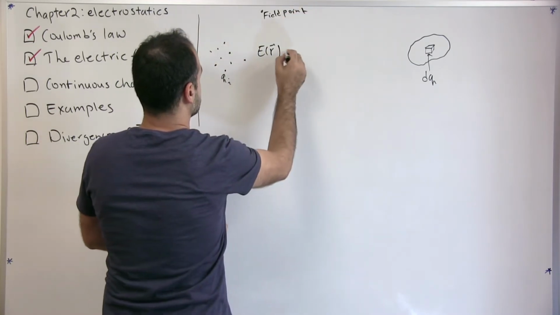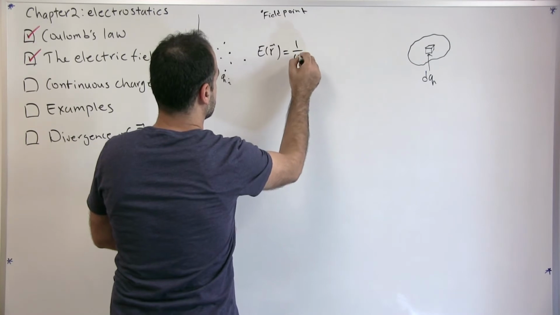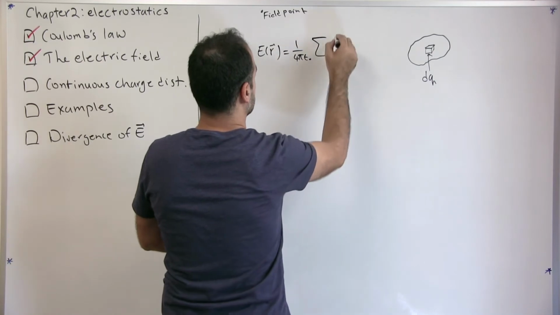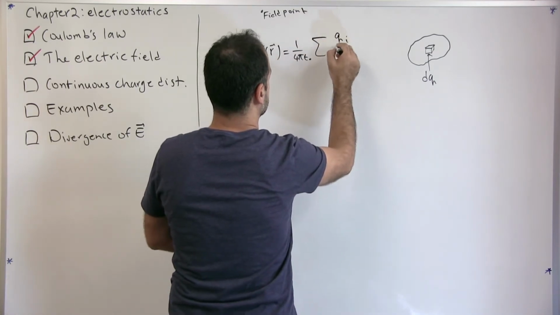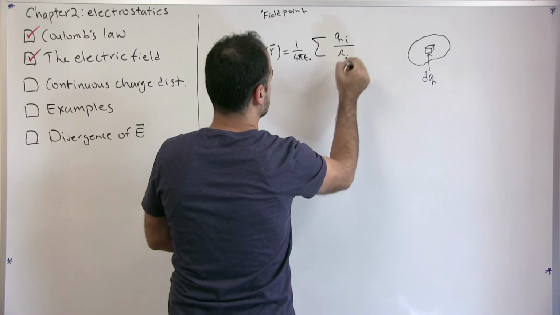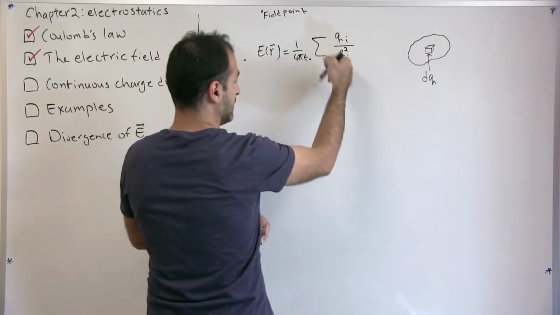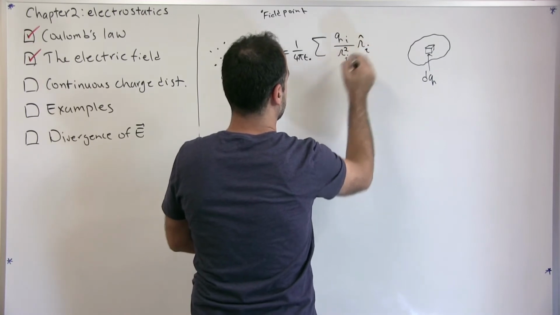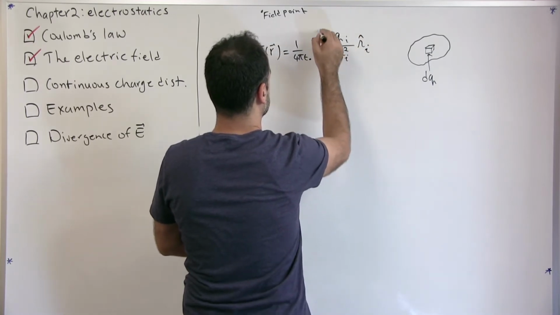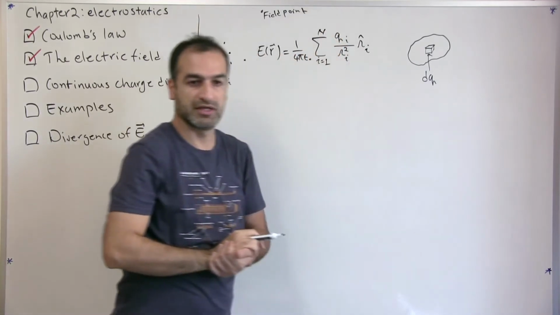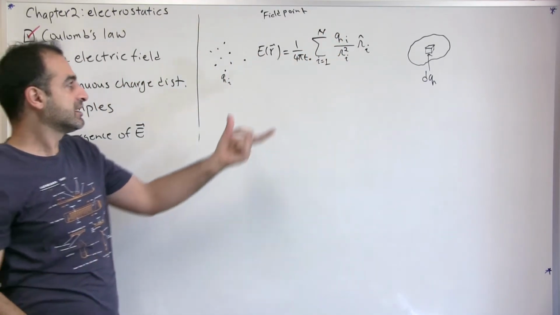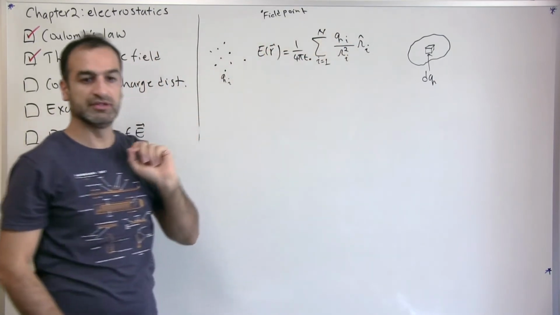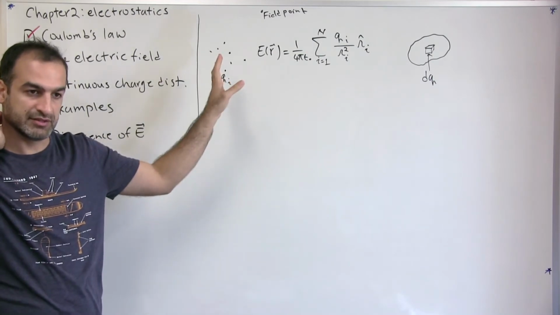Okay, we said E(R) can be written as 1 over 4 pi epsilon 0 and the summation over Qi times the separation vector of the charge i to the power of 2 times Ri hat, and i goes from 1 to n, the total number of point charges we have. Okay, so this is technically how you can write the electric field at a position R based on the point charge distribution you have.